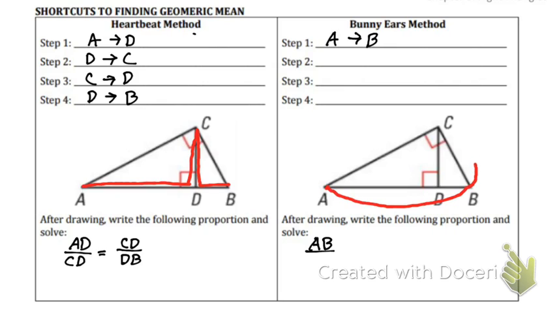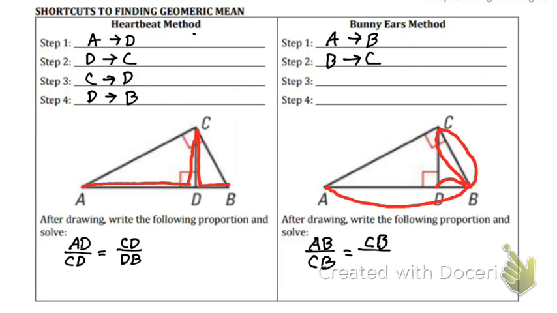Now we're going to run up that CB line. So we're going to go from B to C. Well, that's that segment CB. Knowing that we're using geometric means, we have to go back down CB. And unfortunately, we can't go back to A. We're going to go back to D.